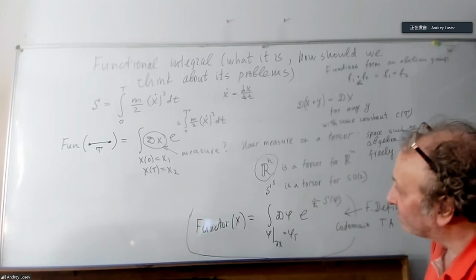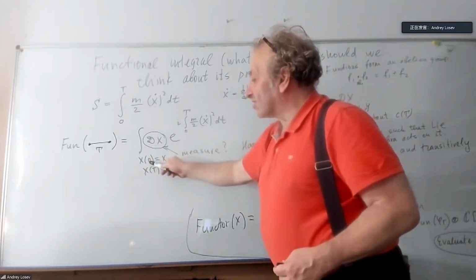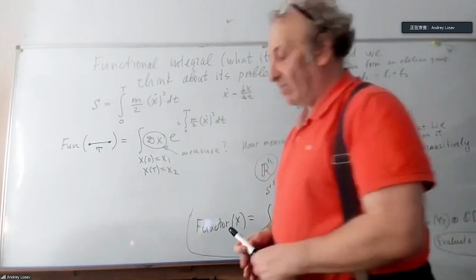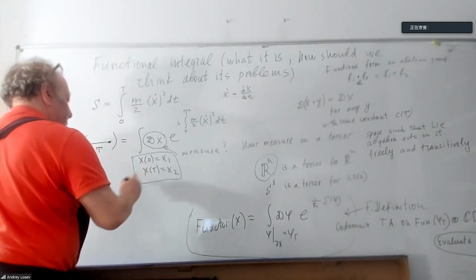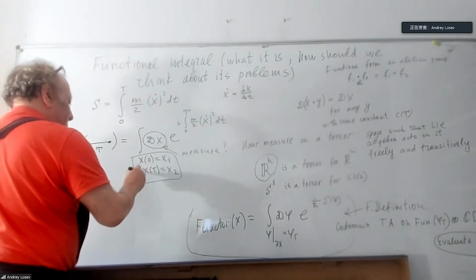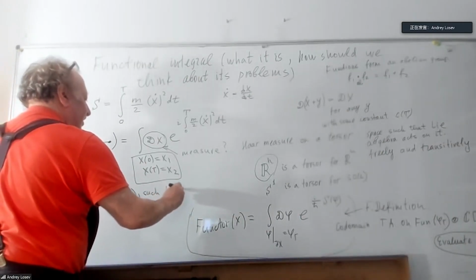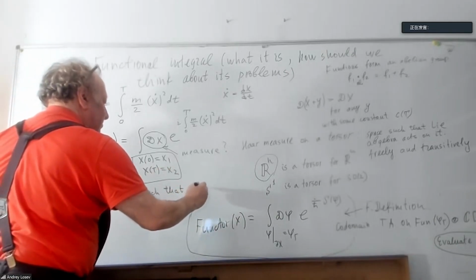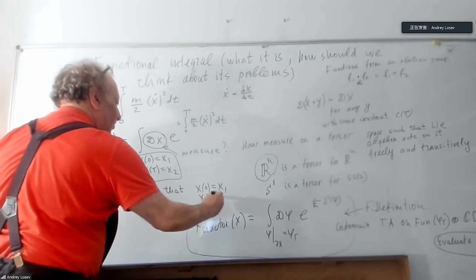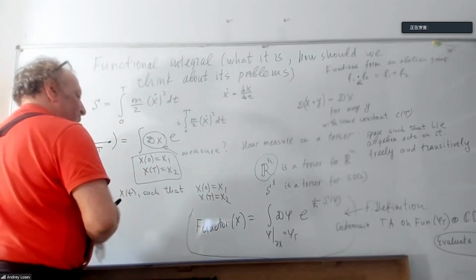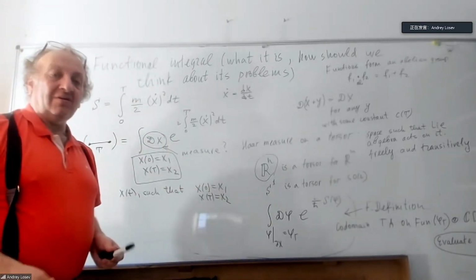Now, here I have functions of this type. Functions x of t such that x of 0 equals x1, x of t equals x2 do not form a group.